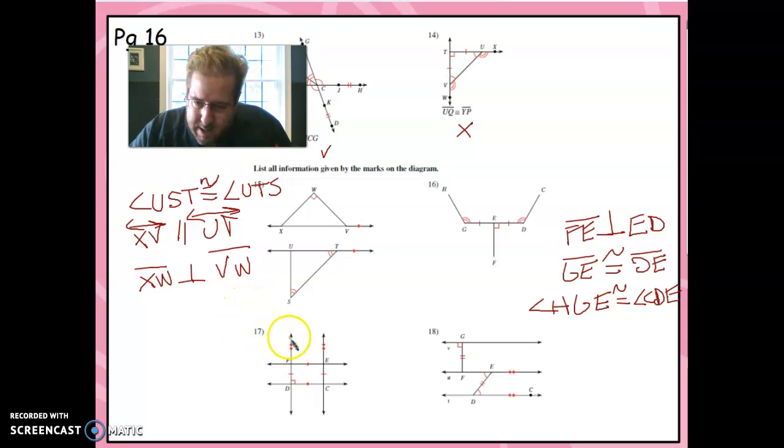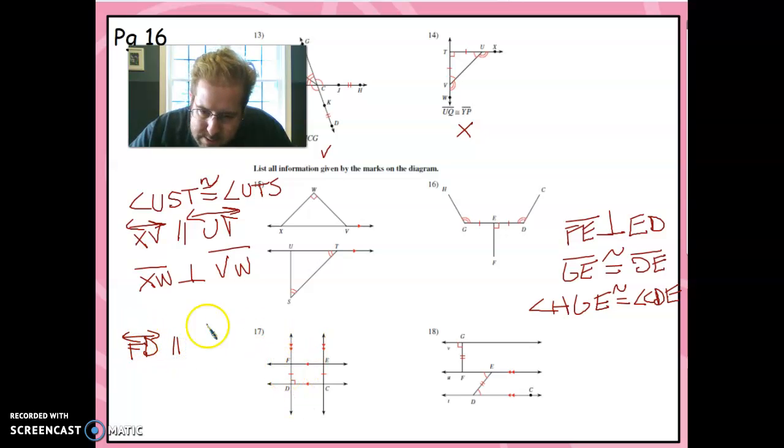All right, number 17, we've got parallel lines. So FD is parallel to EC. And then, okay, there's a lot of information here. So FE is also parallel to DC.